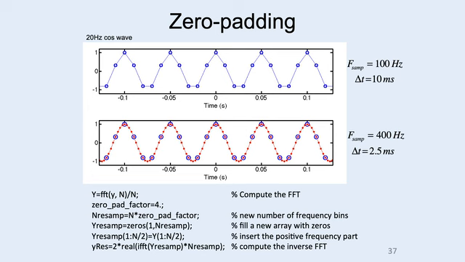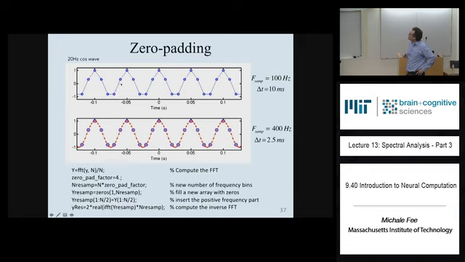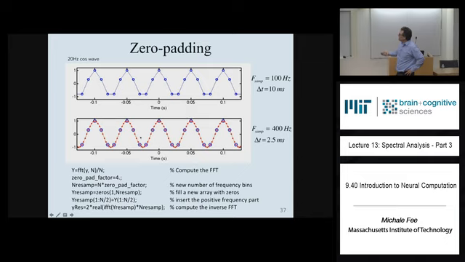Here I've taken a sine wave at 20 hertz. You can see 50 millisecond spacing, sampled 4 times per cycle. I just run this little zero padding algorithm, and you can see that it sends me back these red dots, which have more completely reconstructed the sine wave that I sampled.